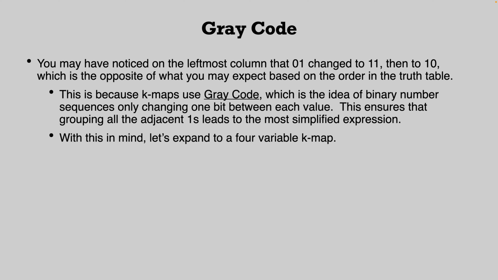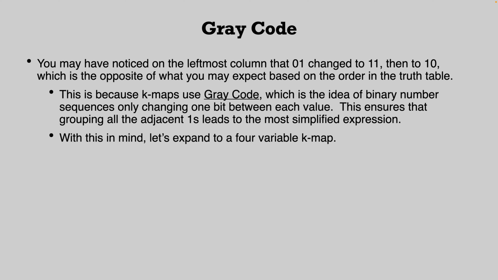As I was saying, you may have noticed that in that leftmost column the 0 1 changed to 1 1, then to 1 0, which is the opposite of what you may have expected based on the order in the truth table. The reason for this is because K-maps actually use Gray code. The idea of Gray code is binary number sequences only changing one bit between each value.